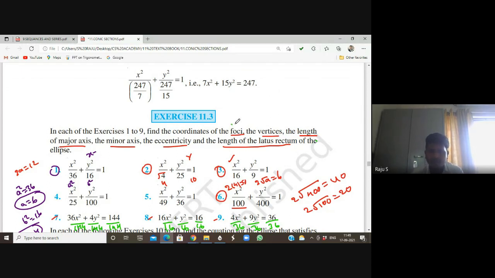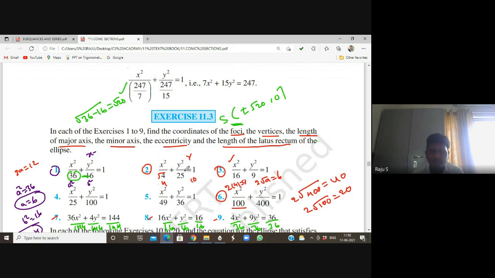For example, I want to find foci. Foci is very simple, students: square root of 36 minus 16. That's it. That is root 20. Foci means plus or minus root 20 comma 0. This is the foci.